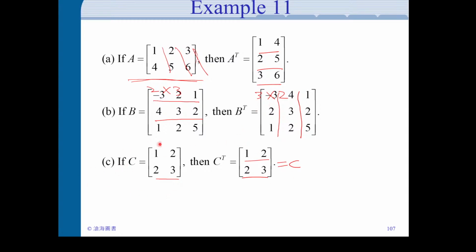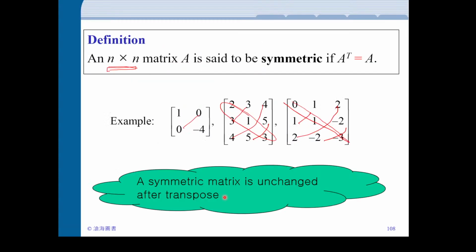Sometimes the matrix will be the same as its transpose. So we have the C matrix, which is the same as its transpose. When that happens, we call the matrix symmetric. To be symmetric, it must be a square matrix, an n by n matrix.